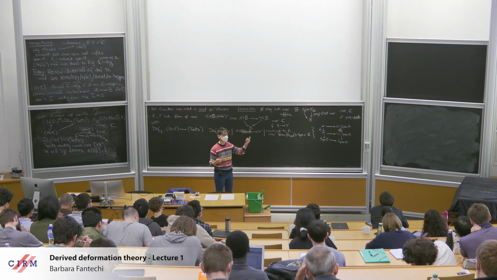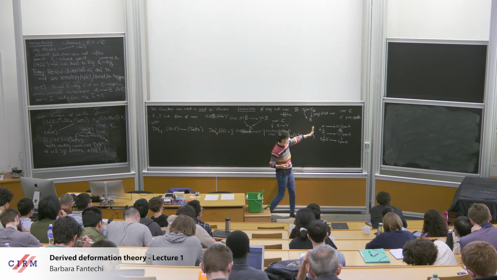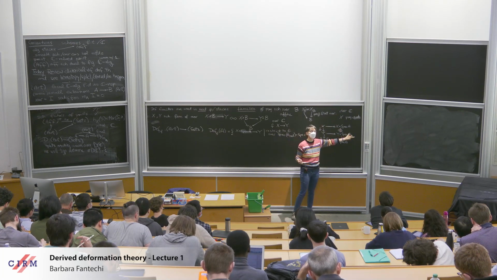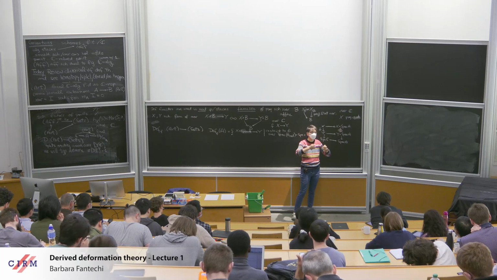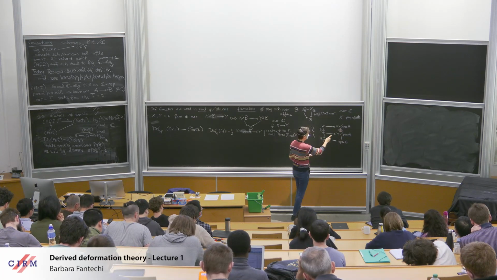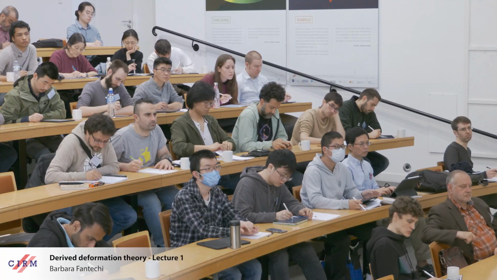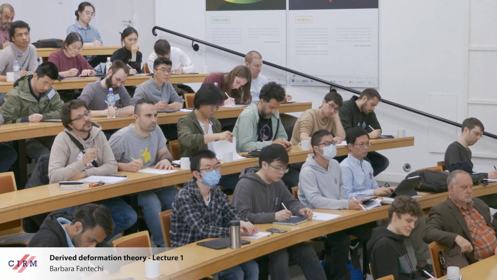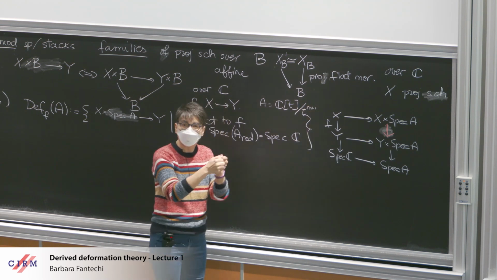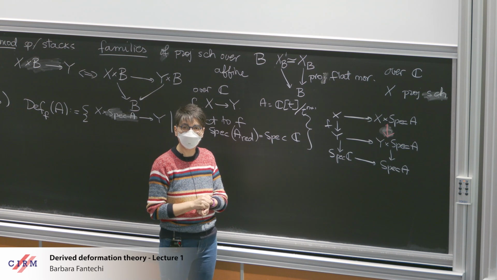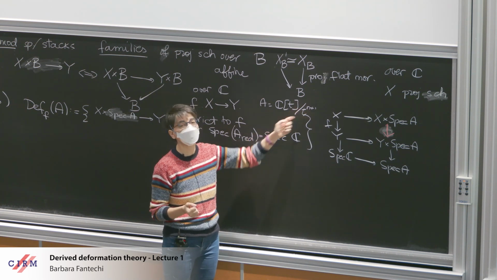So in this sense, I view this as deforming my map f infinitesimally at first order, second order. If you think of this as in the case where, for instance, A is C[t] modulo t to the n plus 1, it means I deform it to the first order, to the second order, and so on. But not infinitely, only until order n.